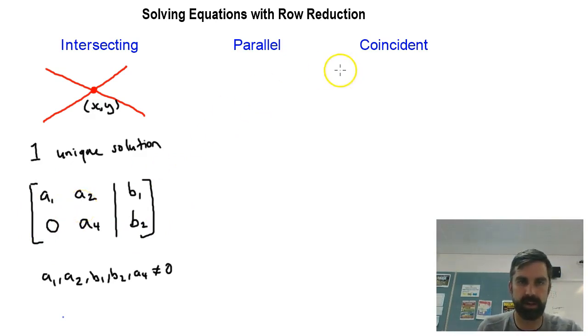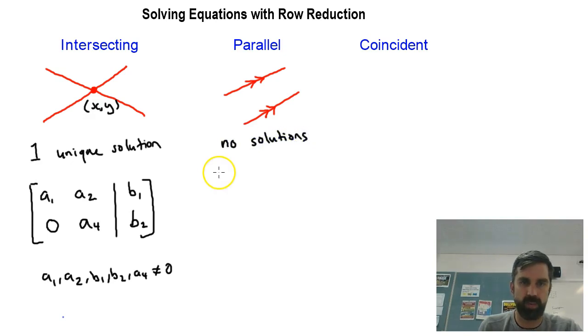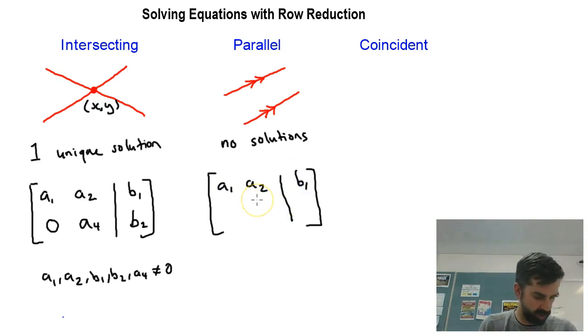The next possibility is that you've got 2 parallel lines. They don't really look parallel, but I'll draw some triangles on here to indicate that they're parallel. What that will mean is that there are no solutions possible. When you try to do a row reduction in this case, your top line will look okay, but no matter what you do, when you try to reduce the bottom line, you'll get 2 zeros here and then some sort of non-zero value here.